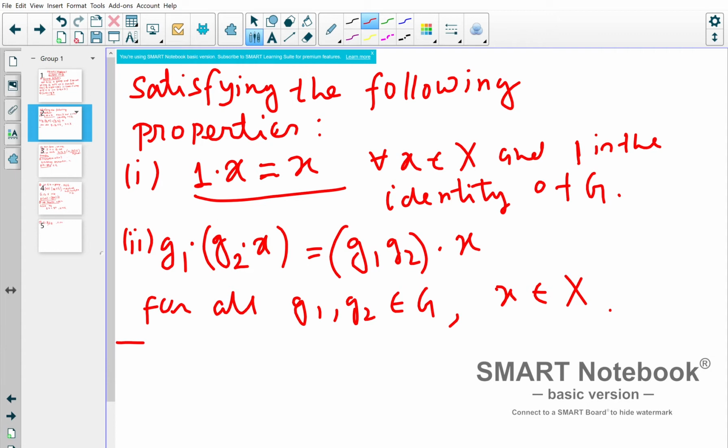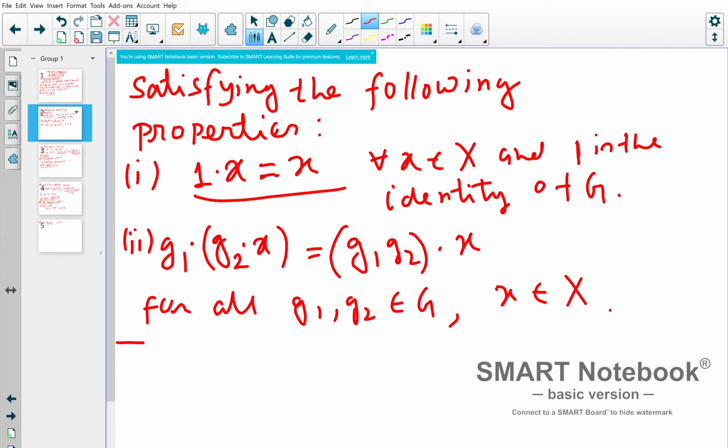Suppose you have any two elements g1, g2, and you first take the action of g2 on x and then g1 on that. This is the same as taking the group operation g1 g2 and then taking the action on x. This holds for every g1, g2 in G and every x in X.